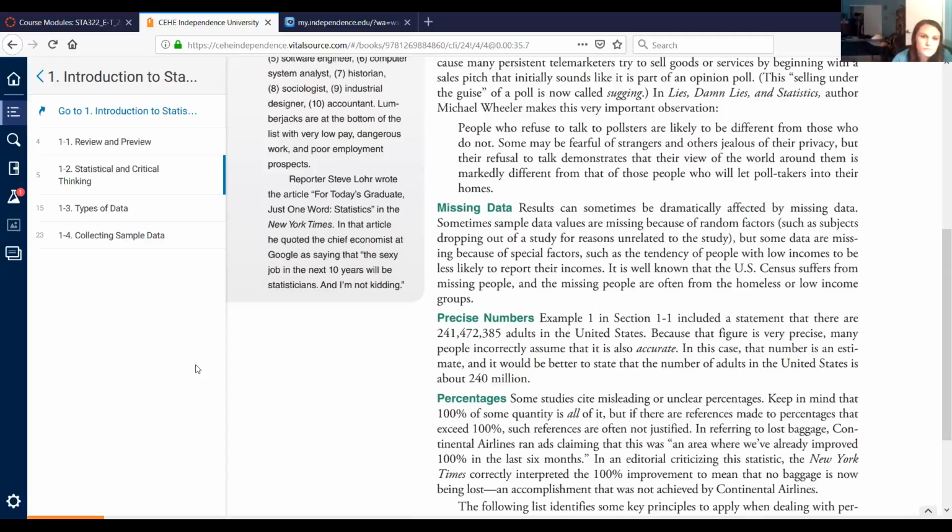So what we want to do is remember that we have to be careful about looking at numbers and being impressed with numbers like this one here. This is obviously an old figure, 241,472,385 adults in the United States. Okay. A lot of people assume that because you've just given them a string of 9 digits, it must be accurate.